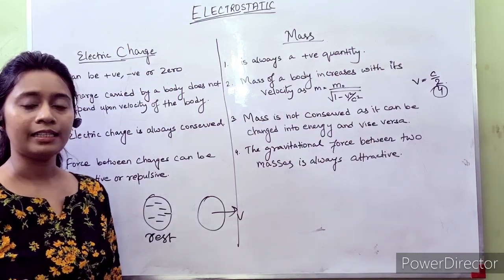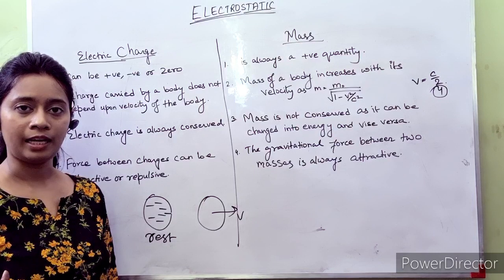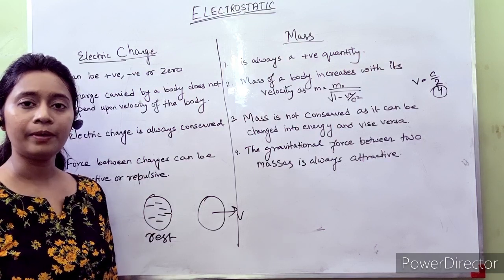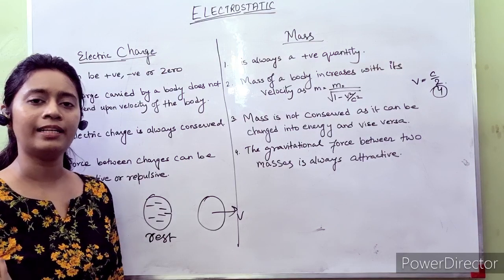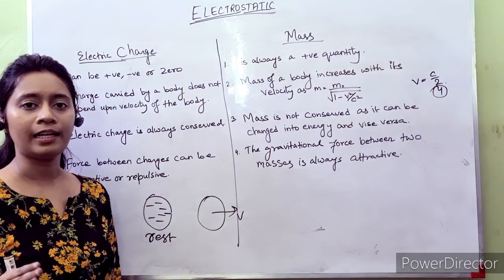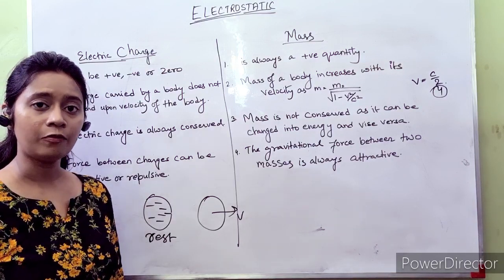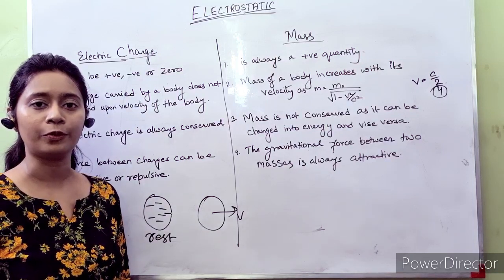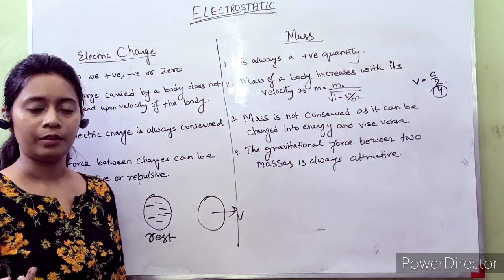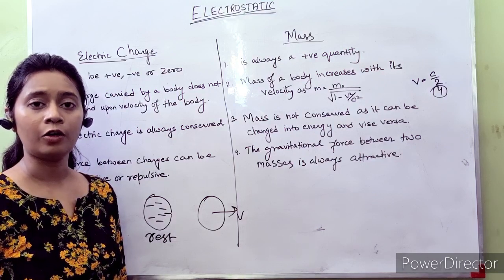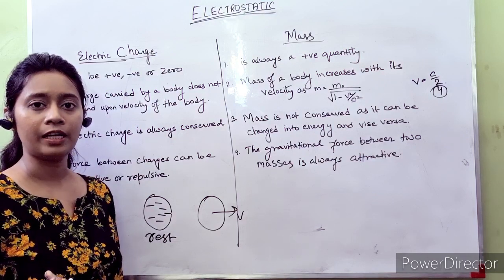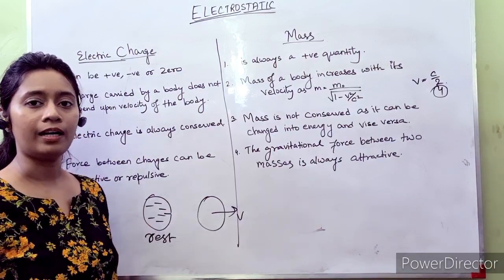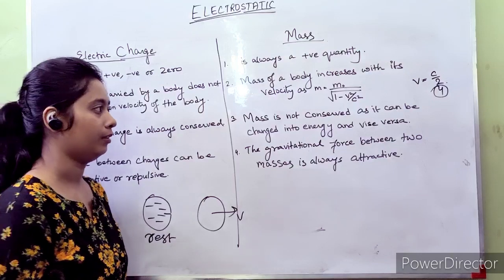In case of a bigger body, like all visible objects, that increment in mass is very negligible, so we can ignore it. But in quantum physics, if we talk about an electron, proton, or smaller objects equivalent to the size of an electron, then the increment in mass is quite noticeable.